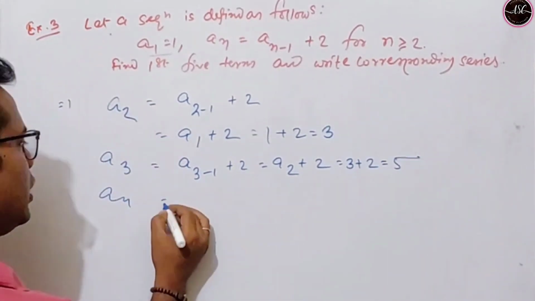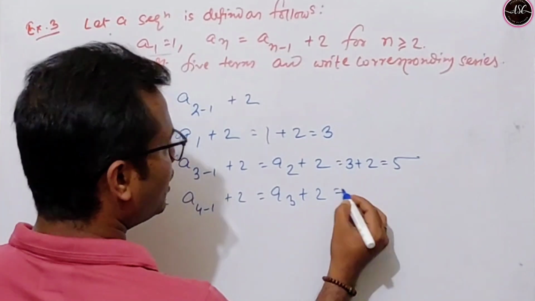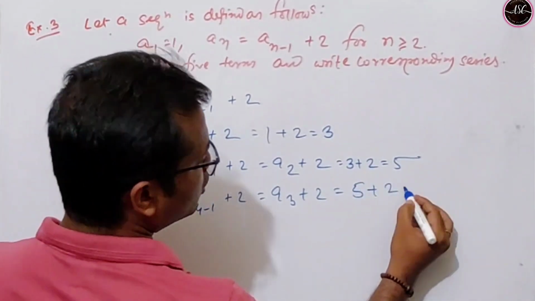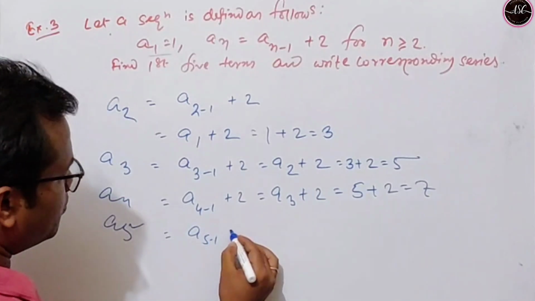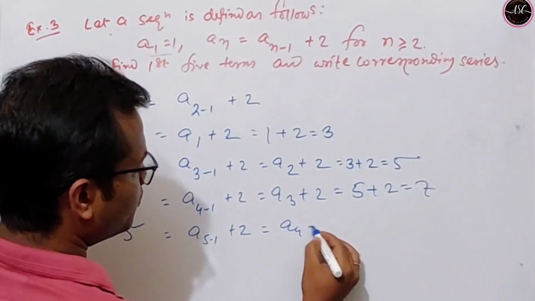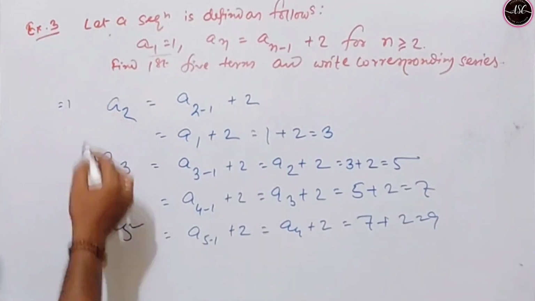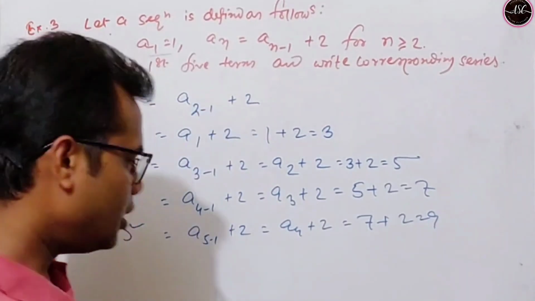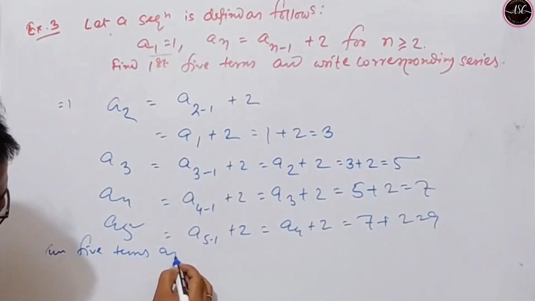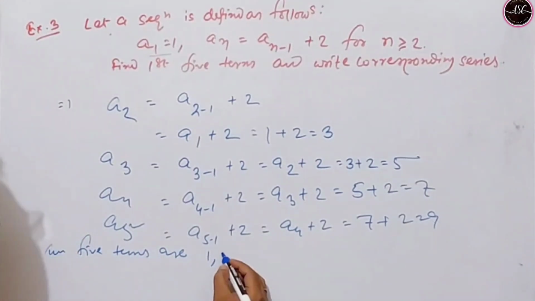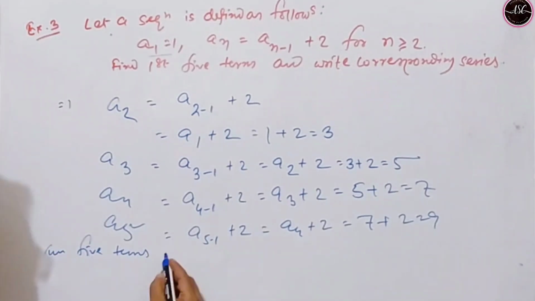Now a4 equal to a3 plus 2, that means 5 plus 2 equal to 7. a5 equal to a4 plus 2, that means 7 plus 2 equal to 9. So we have found the 5 terms of the sequence: 1, 3, 5, 7, 9.